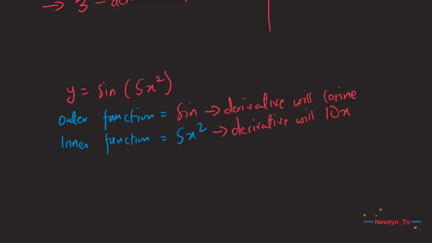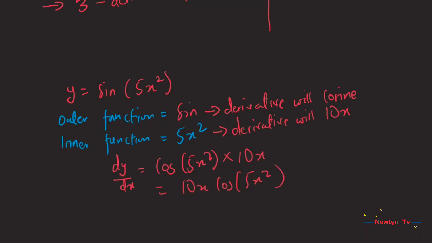Now when we are done with this, we can just come back and write that dy over dx will be equal to the cosine of 5x squared multiplied by 10x, right? And our answer will be 10x cos of 5x squared.